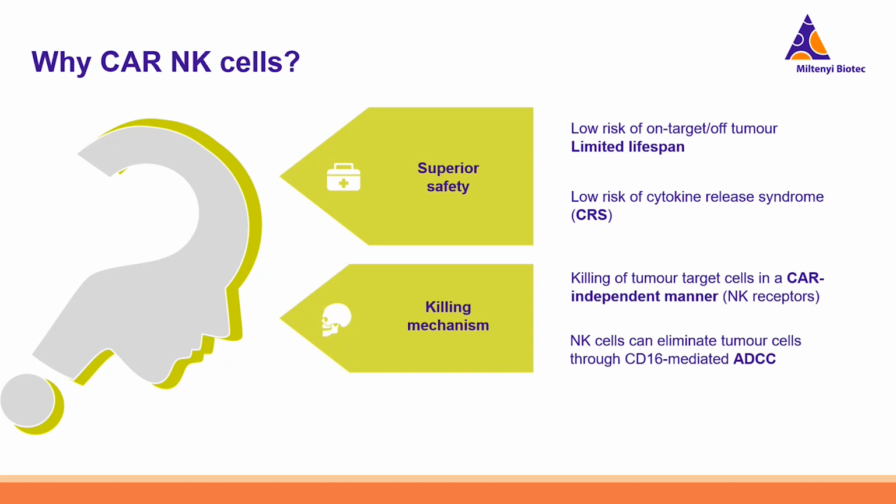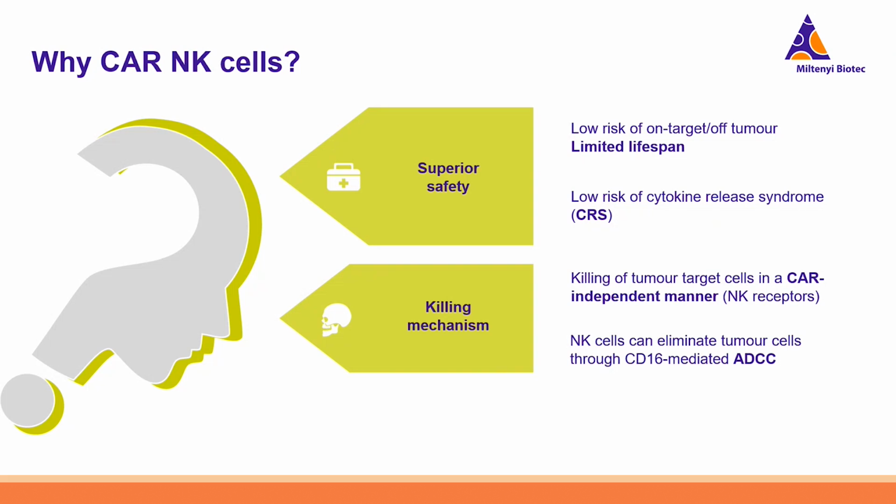Then, in addition to that, there is the killing mechanism. CAR NK cells can, of course, induce CAR-dependent killing, but on top of that can also kill target cells in a CAR-independent manner, as they have the natural capacity to kill tumor cells.